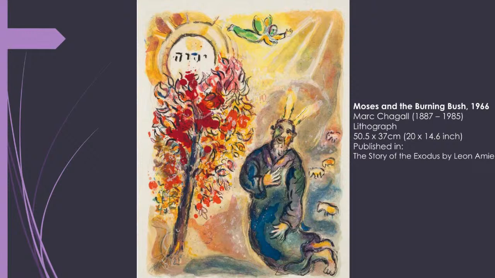Obviously he chose the red as a color of flames, but maybe not necessarily that he was thinking, oh, I need to bring the flames closer to Moses. He was probably more concerned about color contrast, where it would make the greatest impact. So that would be my justification.